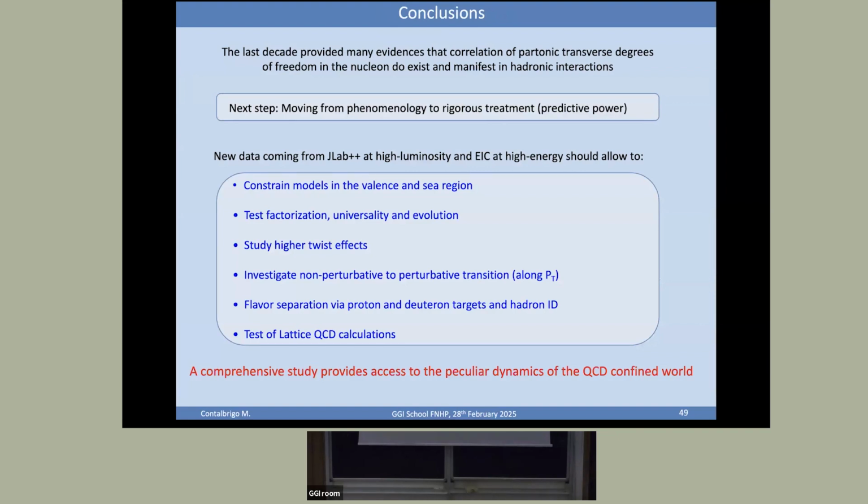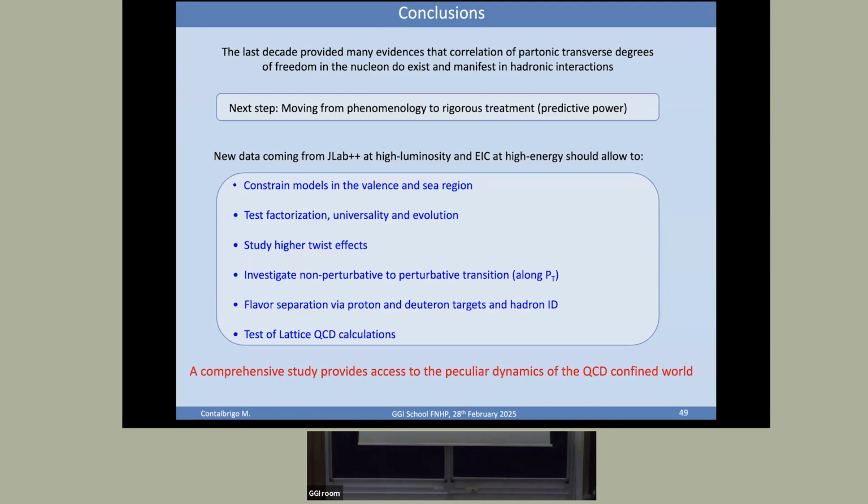And so the conclusion is that we have evidence, starting from 2005, the first evidence, so not much time ago, that these correlators are real. They describe the dynamics within the nucleon that then manifest in the laboratory.